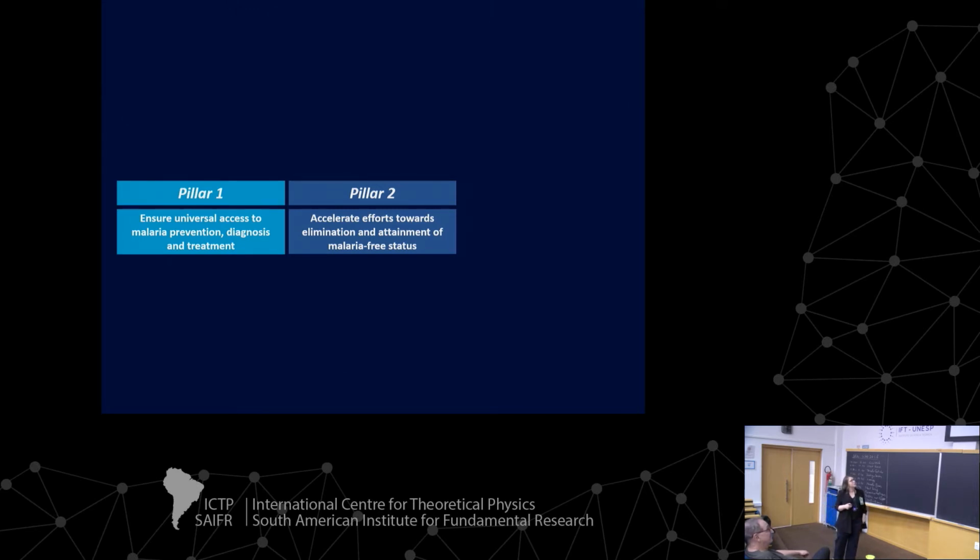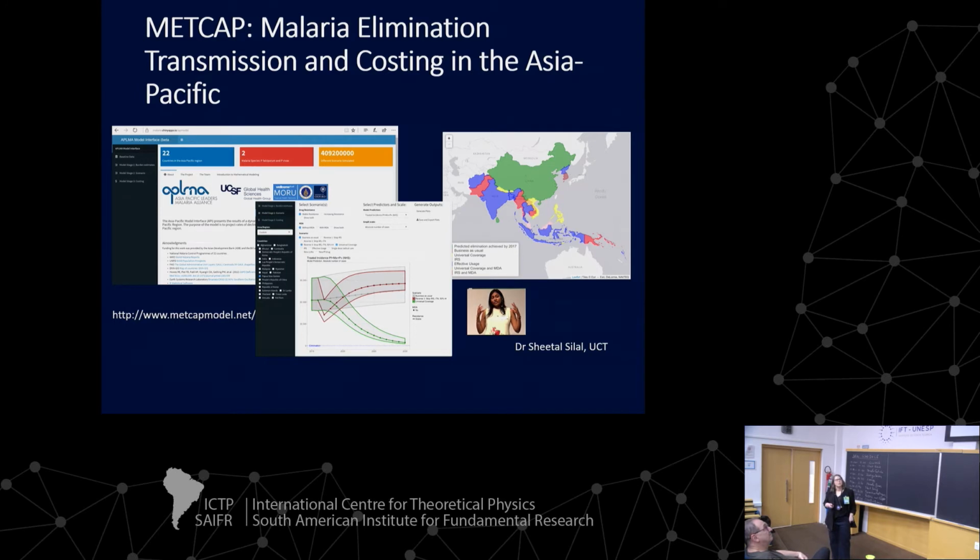But this usually needs different strategies, and those strategies will be tailored to the transmission setting, the country, the resources, the malaria situation that they have at the time. So here's something that it would be lovely if you had a look at. What I'm showing here is a web interface of a mathematical model that we produced in collaboration with Sheetal Silal, who has her own research group at the University of Cape Town in South Africa.